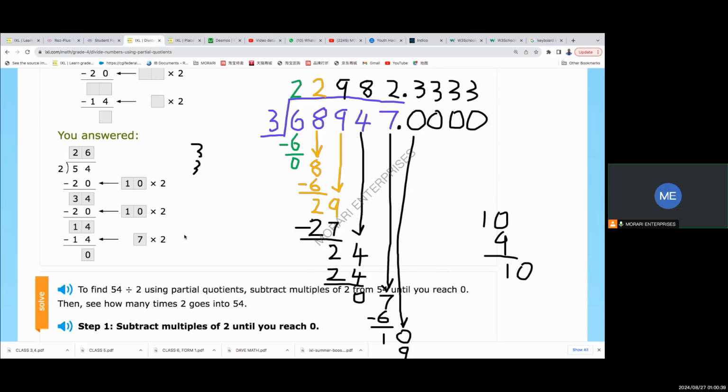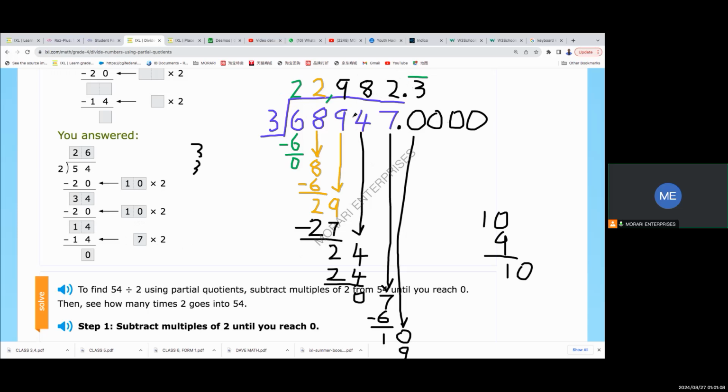When you have 3 without end, just put that one 3 and you write a bar on top of it. This bar is read as recurring. So the question is 68,947.0000, and you divide it by 3, and the answer is 22,982.3 recurring.